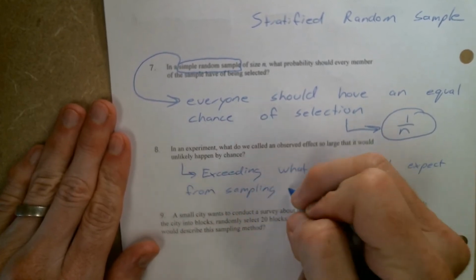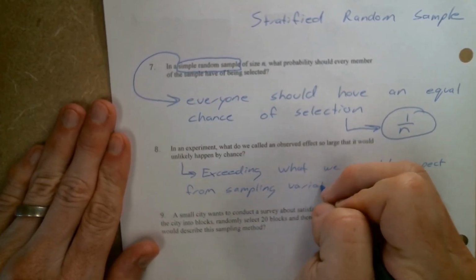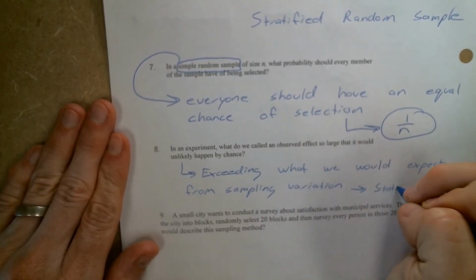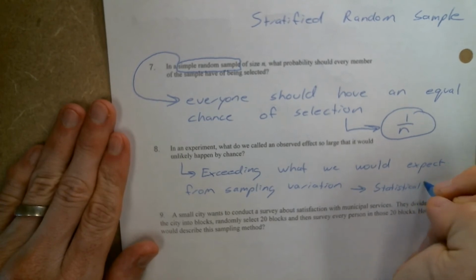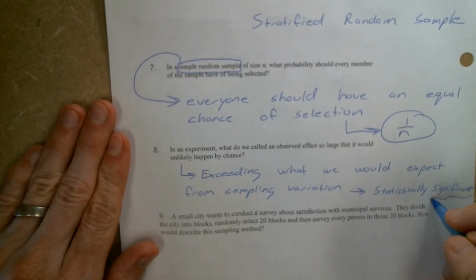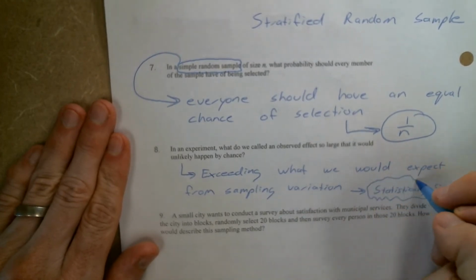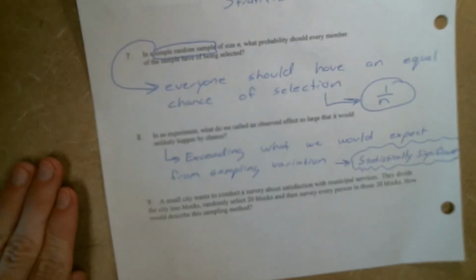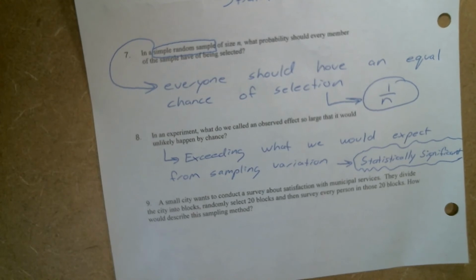And the term that we have for that is that it is statistically significant. All right, so when we say something is statistically significant, what we're saying is that the observed effect was so large that it's probably not just sampling variation, it's probably not just random fluctuations, it's probably indicative of some actual thing that we're trying to measure or examine. Right? But statistically significant is the term that we're looking for there.